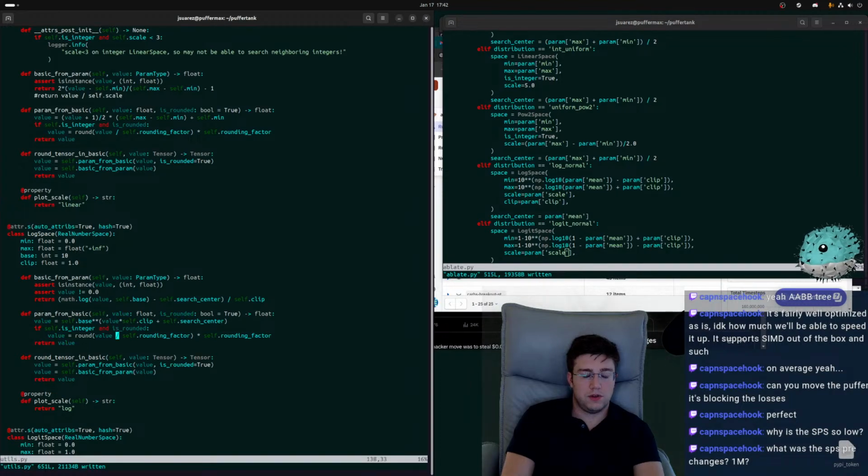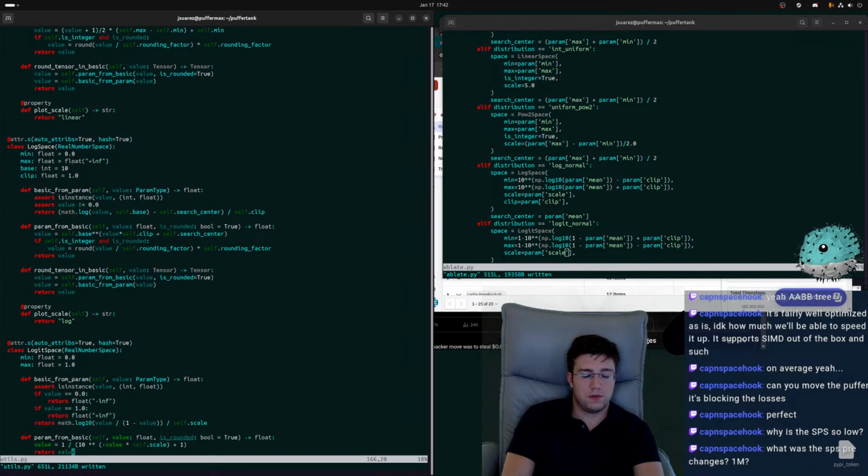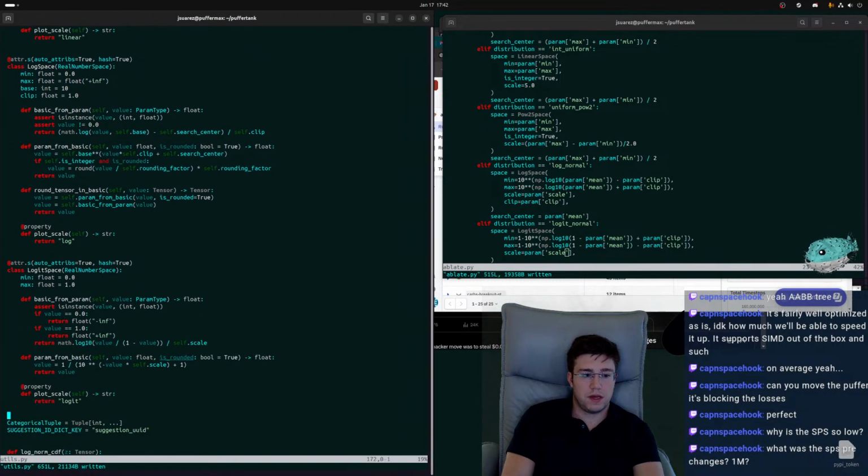And then if it's rounded, you round and you return. Not bad. Only really 2 more spaces here. And then we'll be able to test this.